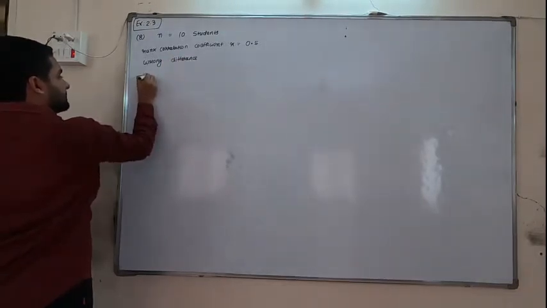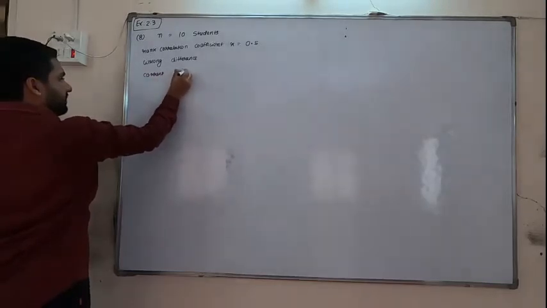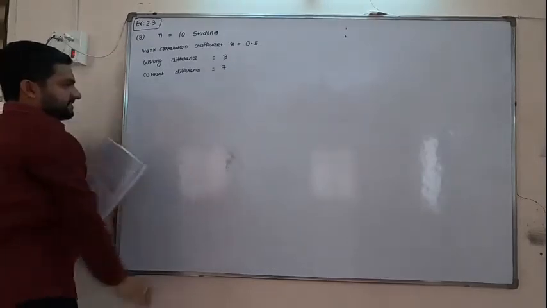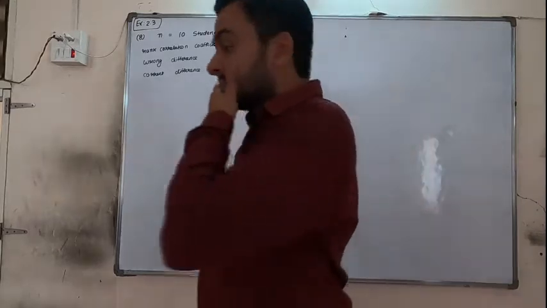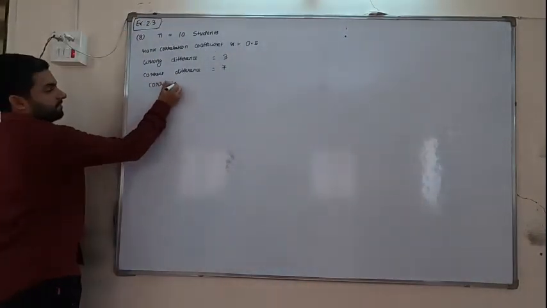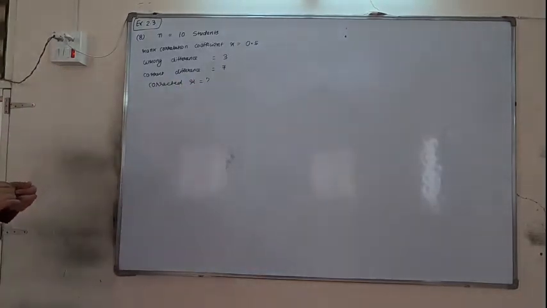Wrong difference is 3, correct difference is 7. And what we need is the corrected R. This is the question.